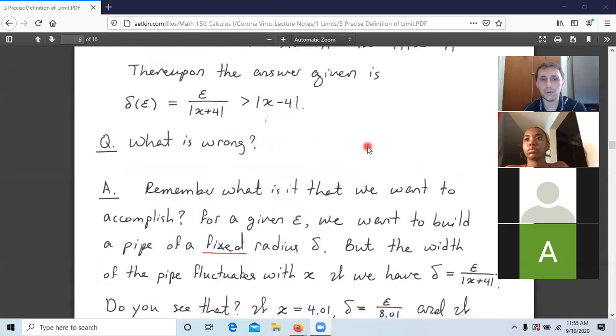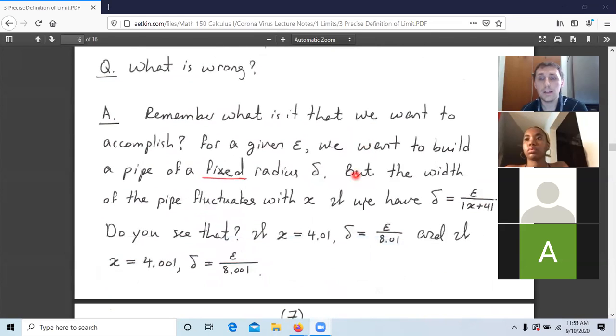All right, let me help you and explain what happens here. So this delta has an x. Precisely, again, we speak about the pipe. This is the radius of the pipe. Now look at it. The radius of the pipe varies. It changes with every x that I launch.